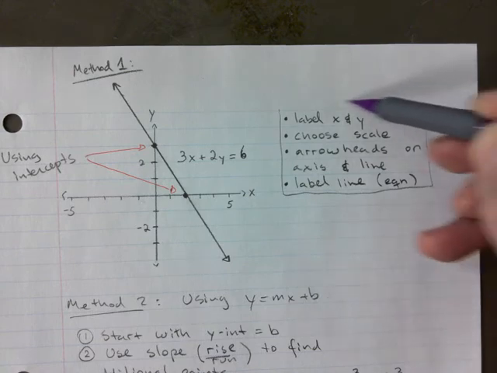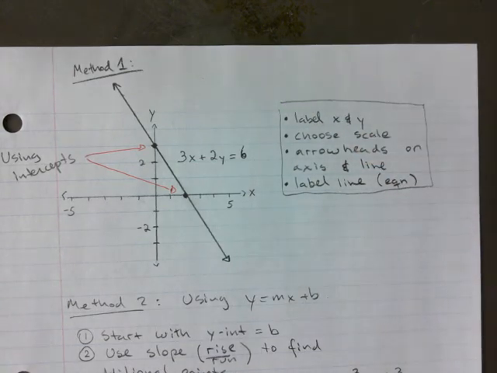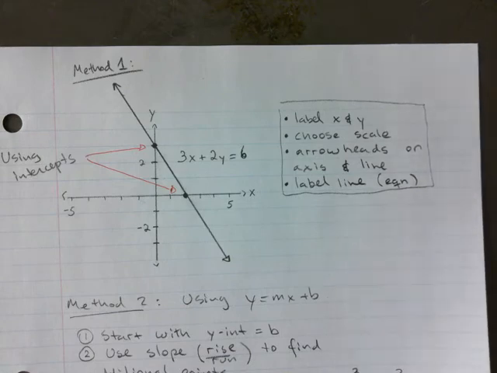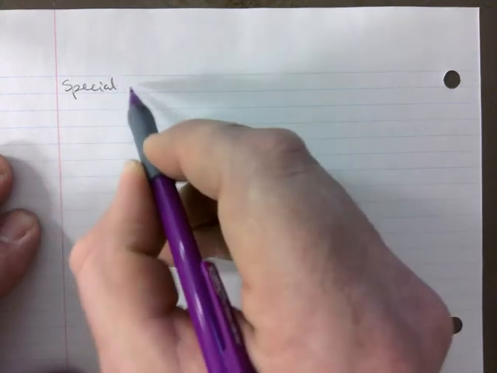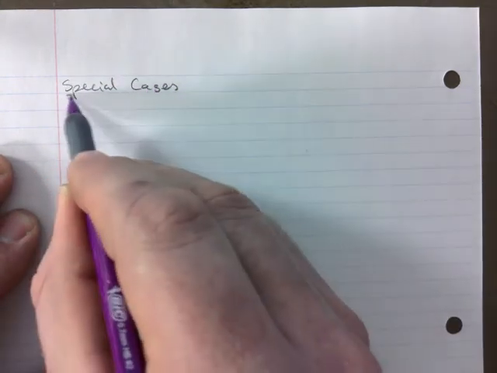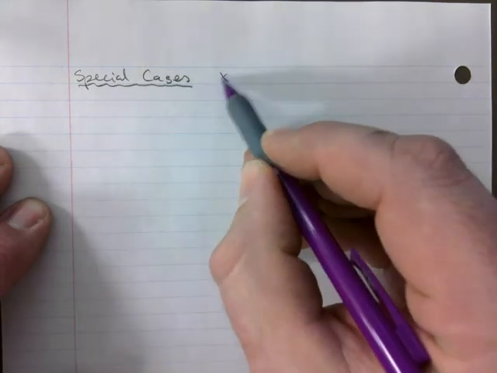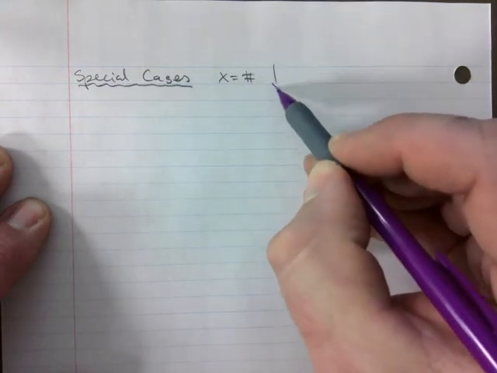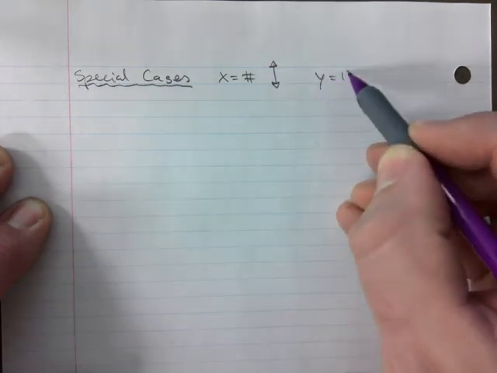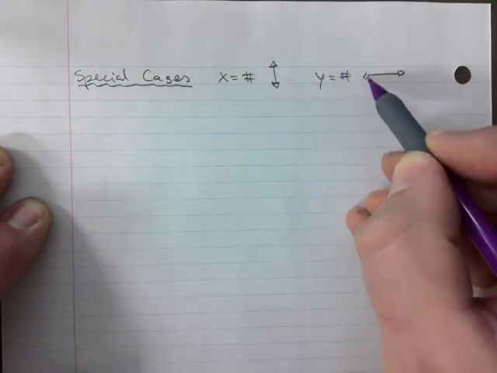Maybe it will help you. Special cases: x is equal to a number is a vertical line. y is equal to a number is a horizontal line.